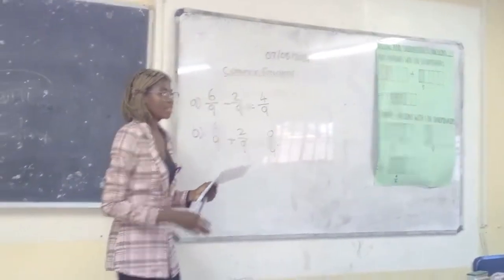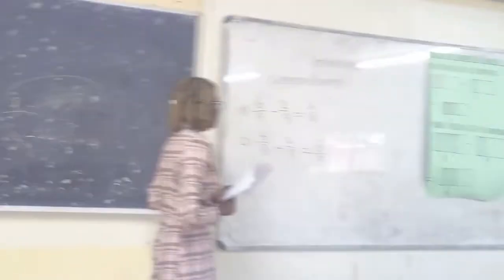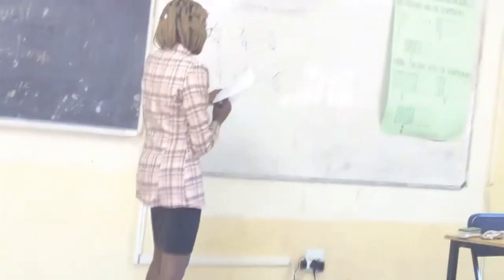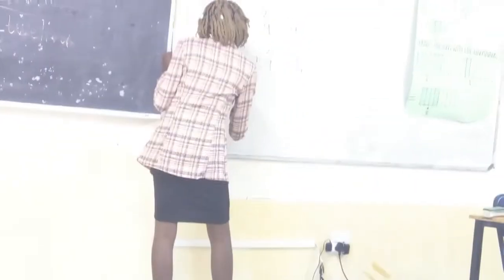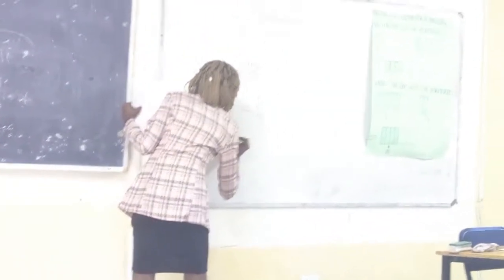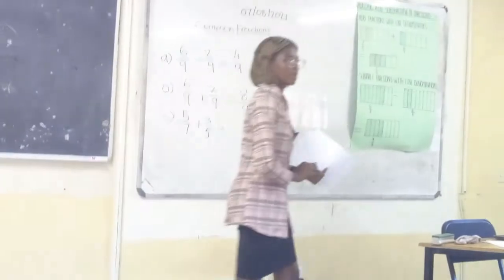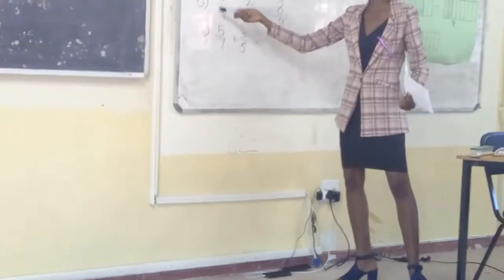Further examples. Now we are going to look at how we can add fractions that have different denominators, because it's possible that you get fractions with different denominators. Someone might wonder what you do when the denominators are the same, because that's simple.